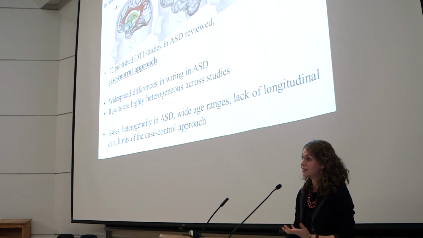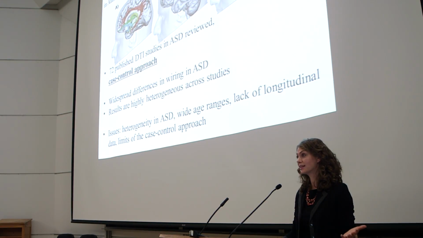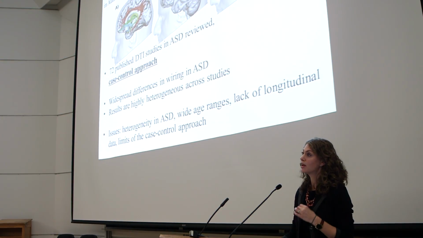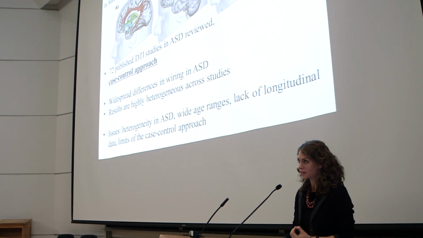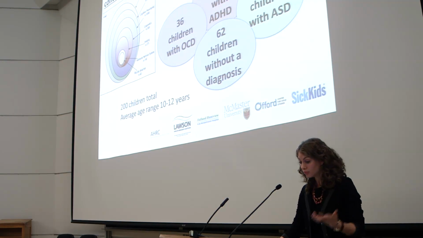So it brings up these issues that maybe autism is a very heterogeneous condition. Different kids with the condition look very different. But we probably have to resolve some issues in terms of wide age ranges. We need bigger samples. We need longitudinal data. And so we need new models, right?